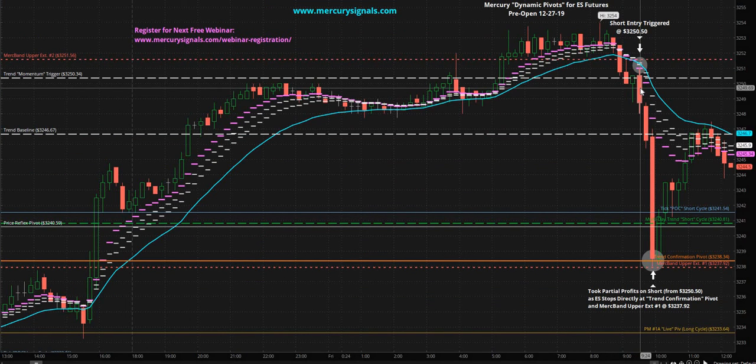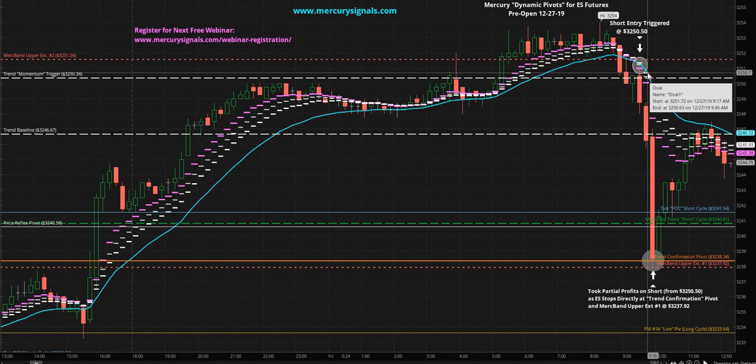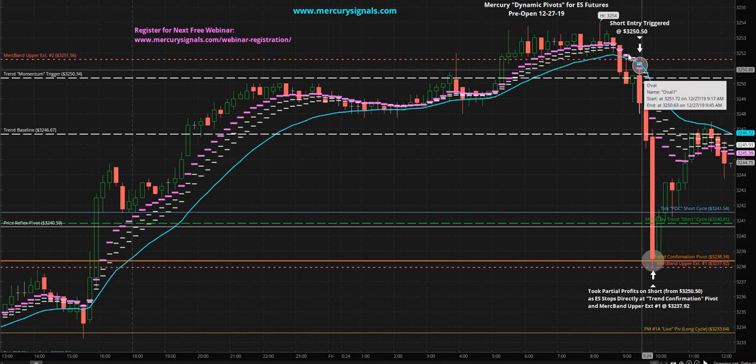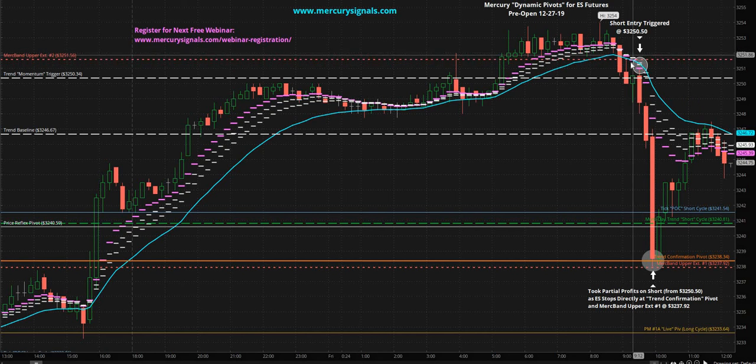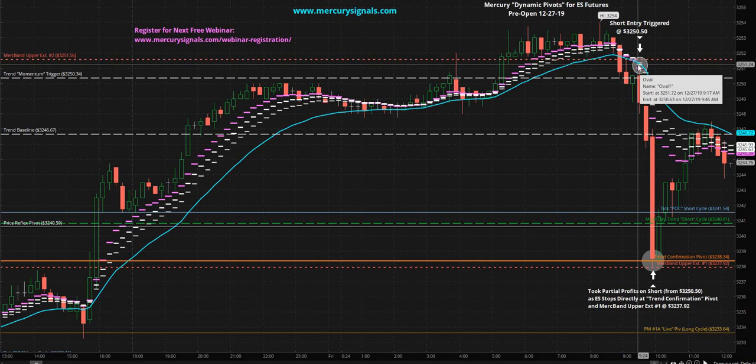So here we open up, and that was the open right here. And when we get this crossover, these white dashes cross down through the cyan line, then that's the entry signal. So the first bar where those little white dashes cross through the cyan, it doesn't take a rocket scientist to figure out the trade entries.